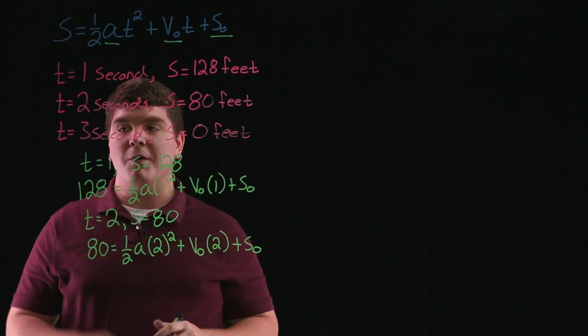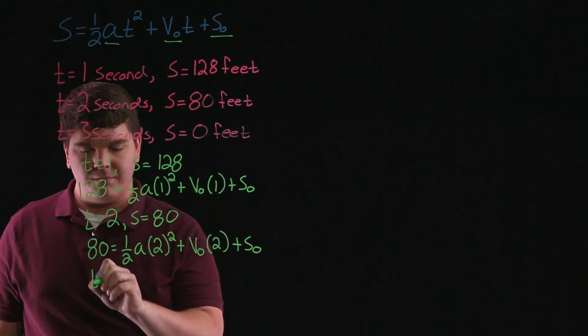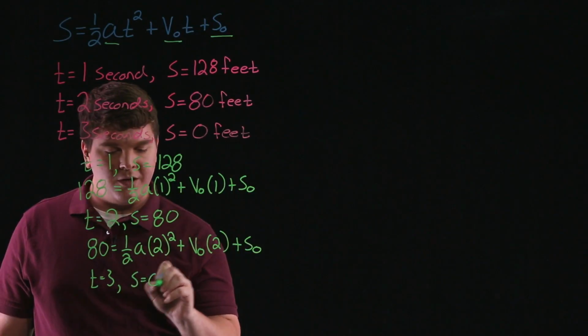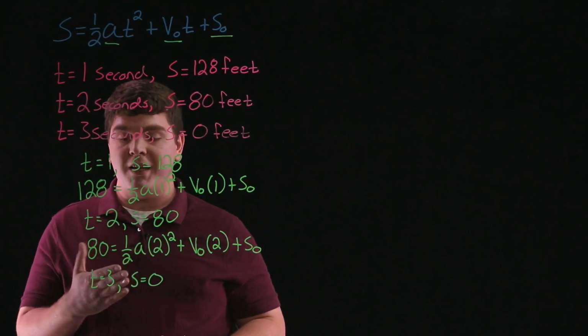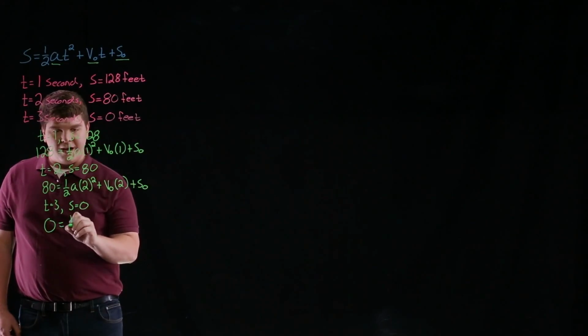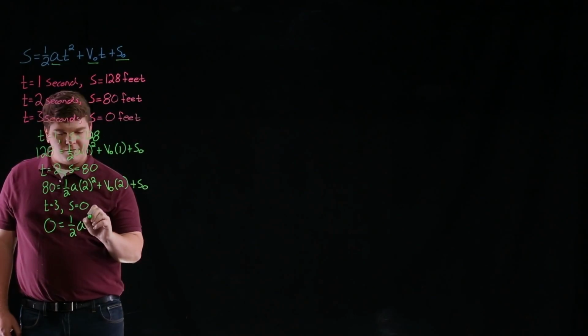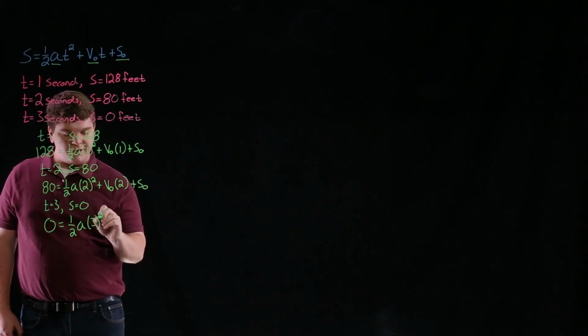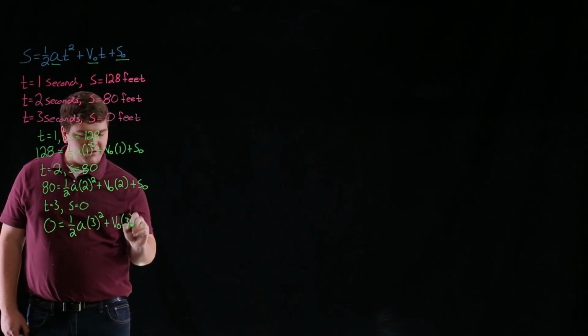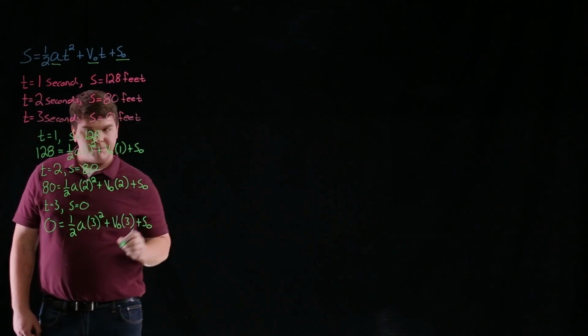And finally, we know that when t is equal to 3, we have s is equal to 0. Now substituting these into our equation, we have 0 is equal to 1/2 times a times 3 squared plus v naught times 3 plus s naught.